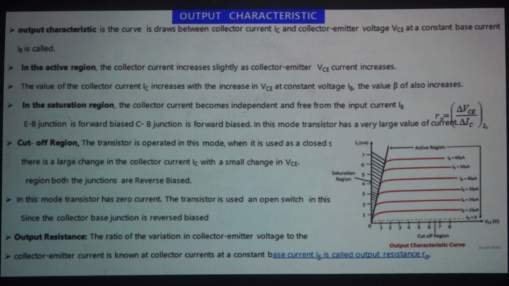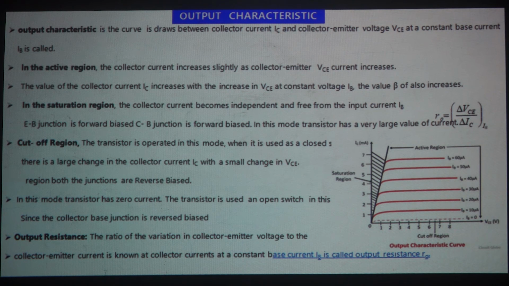Now the cutoff region. The transistor operates in this mode when it is used as a closed circuit, and therefore there is a large change in the collector current IC with a small change in VCE. In this region, both the junctions are reverse biased, and that's why in this mode the transistor has zero current.